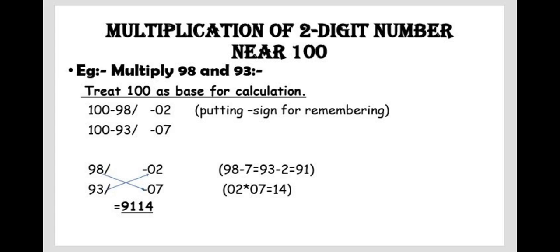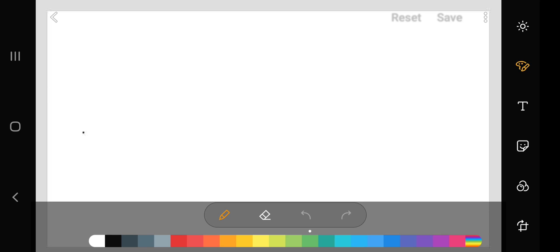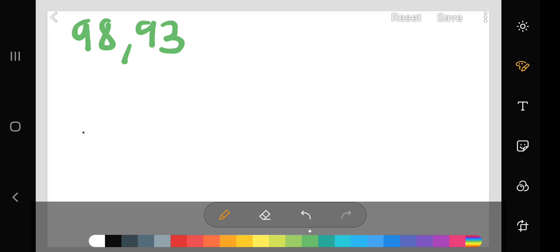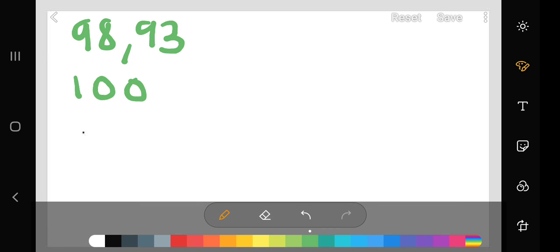Now let's see this practically. We are taking two numbers near 100, 98 and 93. Now we will take 100 as a base. Then we will subtract both numbers 98 and 93 from 100.